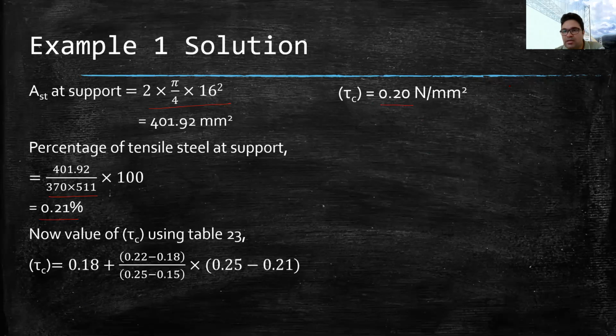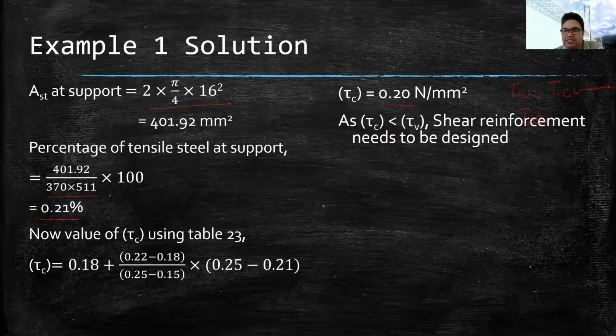Now you can see we have the tau v value, the tau c max value, and the tau c value. Now we have to check whether we require shear reinforcement or not, because diagonal compression is taken care of, but we still have to take care of diagonal tension also.